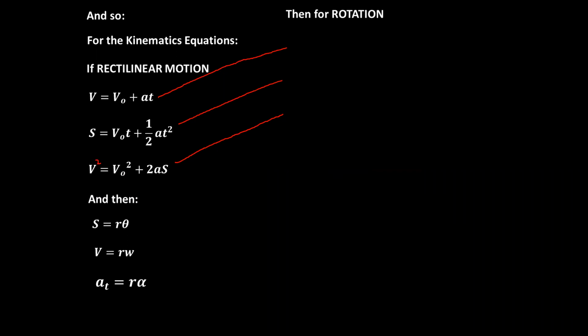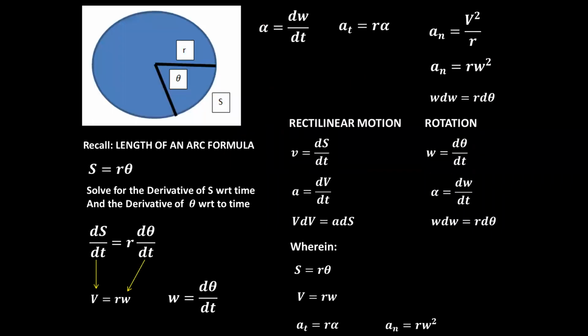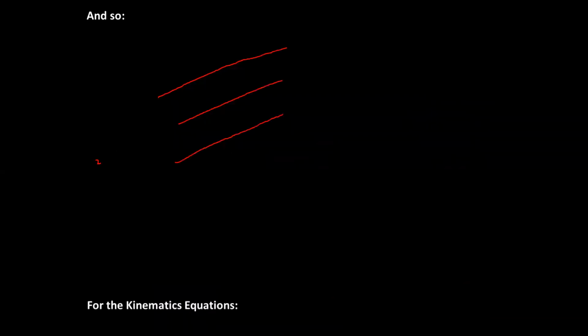Angular acceleration. Balikan natin yung formula, para makita ninyo. The derivative of W with respect to time. Okay? Derivative of W with respect to time. Or alpha is equals to tangential acceleration over R. Yung formula sa taas.